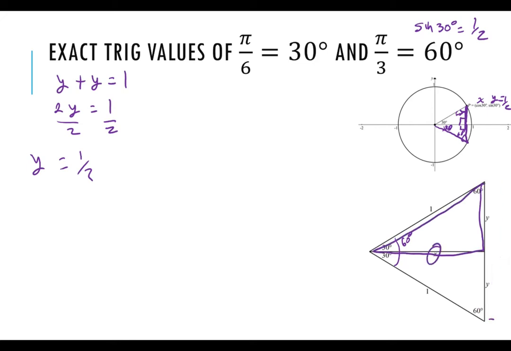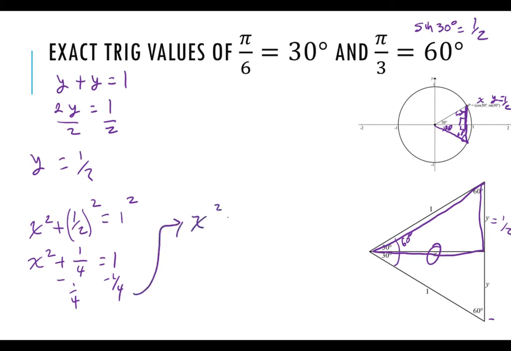I just need to find whatever x is. Now that I know that y is really 1/2, I again can use the Pythagorean theorem. So that's going to be x squared plus 1/2 squared is equal to the hypotenuse 1 squared. Well, x squared plus 1 squared is 1, 2 squared is 4, is equal to 1. Then I can just solve for x, minus a fourth, minus a fourth.